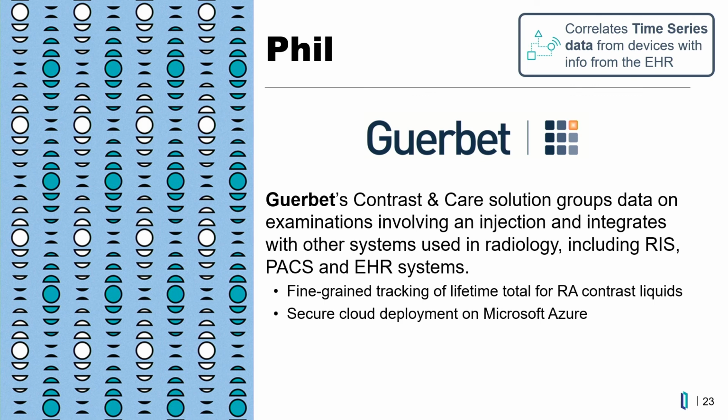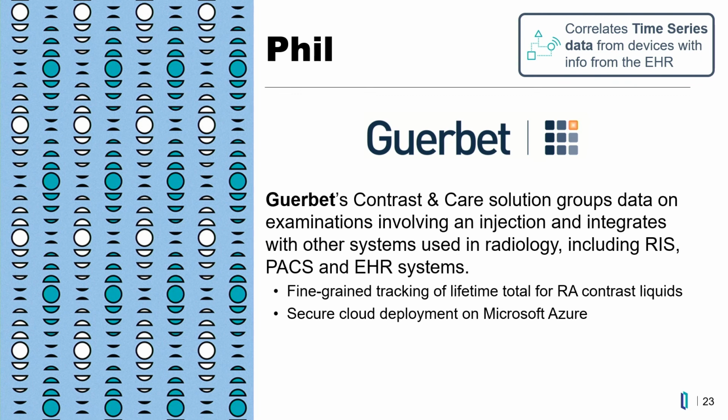And then finally, we talked about Dr. Phil, who was looking to integrate medical device data with the EHR. This is what Guerbet is doing. Guerbet is based in France and the US, operating worldwide. And their Contrast and Care solution connects medical devices with the different other information systems in a hospital, including systems used in radiology, such as RIS and PACS, and the EHR itself, obviously.